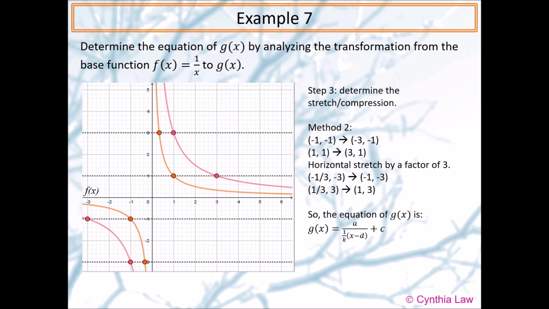This time a is 1 because we didn't do anything for the vertical stretch or compression, and k is 3. So it means we have g of x equals 1 over 1/3 multiplied by bracket x minus 2, and then we add 1 at the end. Simplifying the equation, I have the same thing as method 1. g of x equals 3 over x minus 2 plus 1. And we also have the same asymptotes, x equals 2 and y equals 1.